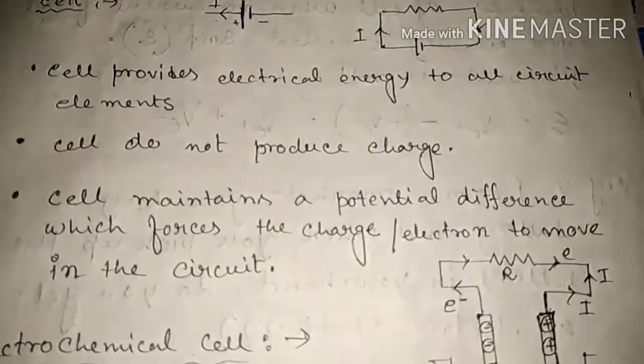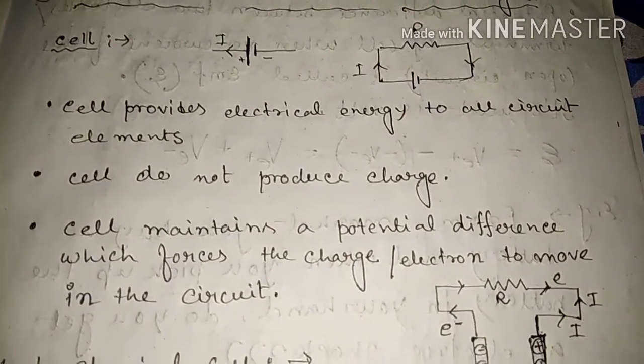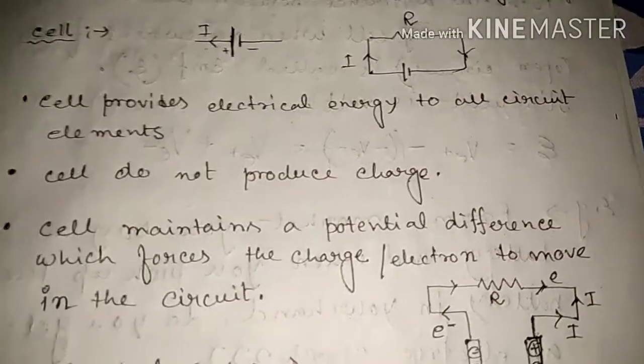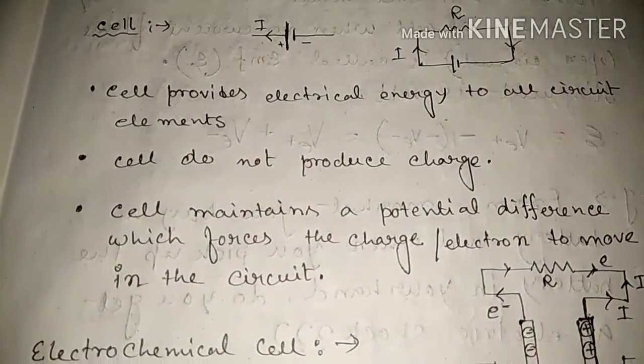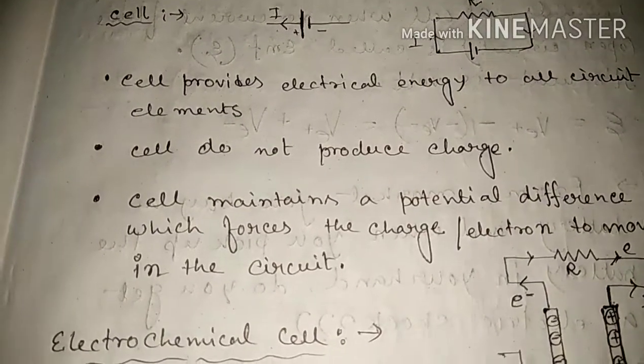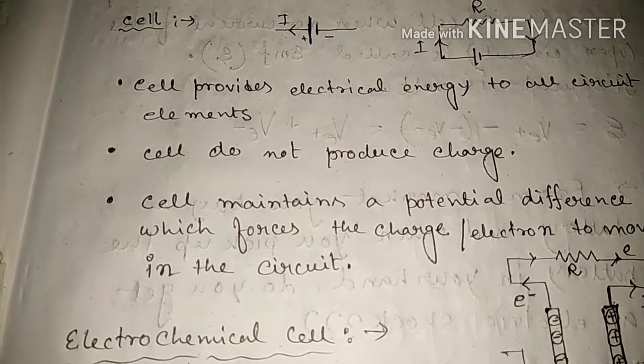It does not produce charge. It does not produce electric current, because we know that when a charge moves inside a conductor, it constitutes a current, but the cell does not produce electric charge.